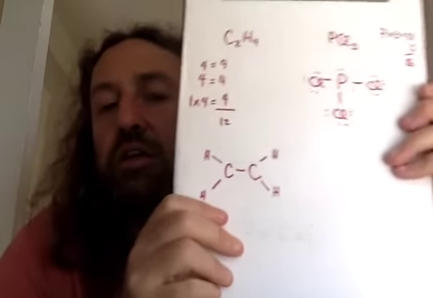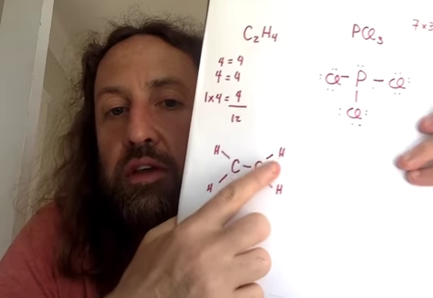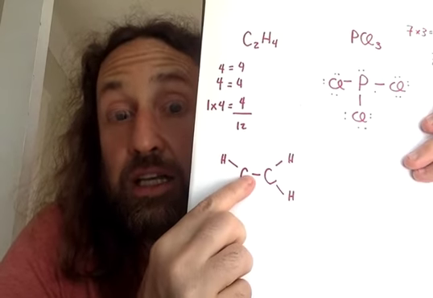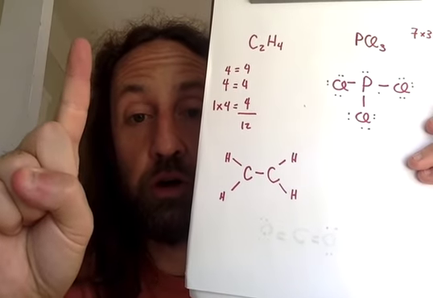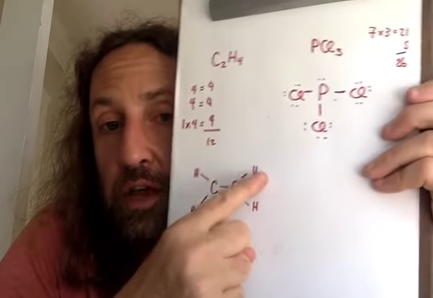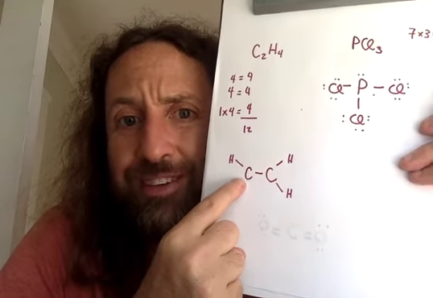So the easy thing to do would be to go like this. So now I've used 2, 4, 6, 8, 10 electrons. I've only got 2 more electrons left, which is enough for one bond. So my hydrogen's happy, my hydrogen's happy, my hydrogen's happy, my hydrogen's happy.